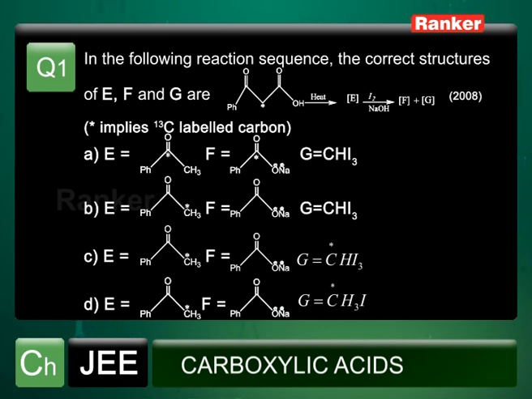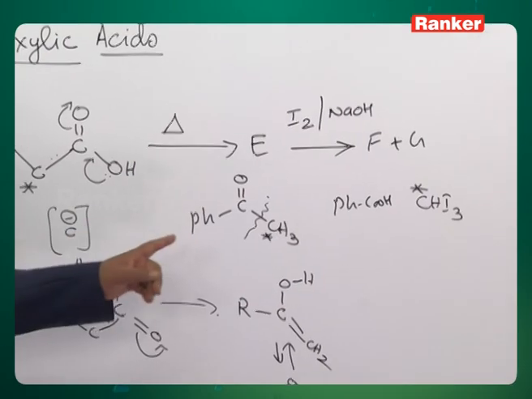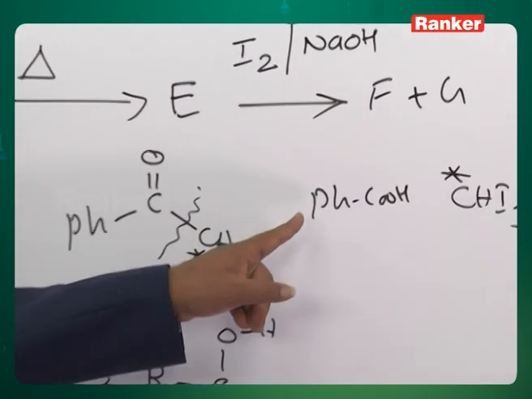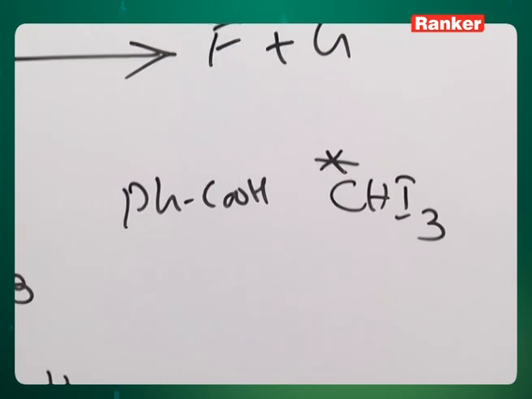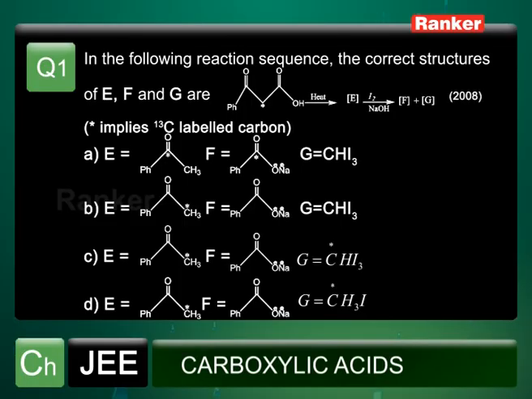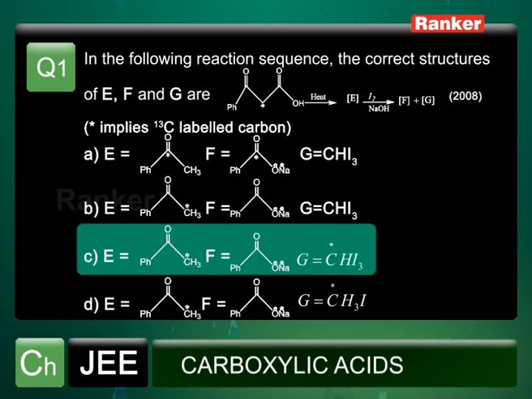So, option B is wrong. Option C has a star containing acetophenone, right, and we have a benzoic acid and the labeled carbon is there in the iodoform, that is right. In the last option we have almost similar, but the last compound G is not iodoform, instead it is methyl iodide, that is the wrong answer. Answer will be C.